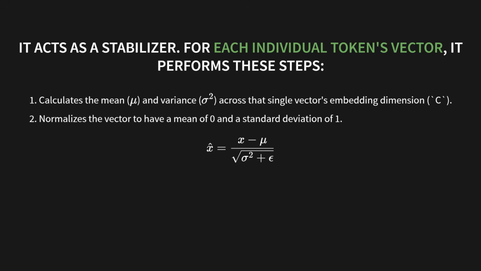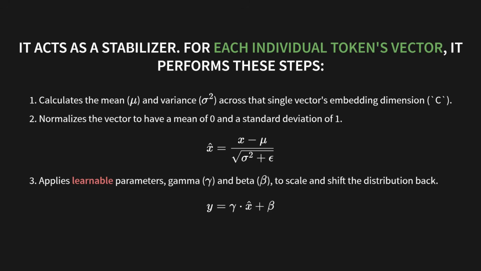The new vector, x hat, equals x minus mu, divided by the square root of sigma squared plus a tiny little epsilon to prevent dividing by 0. And third, it applies learnable parameters, gamma and beta, to scale and shift the distribution back. The final output, y, is gamma times x hat plus beta. This gives the model back control after we've stabilized everything.